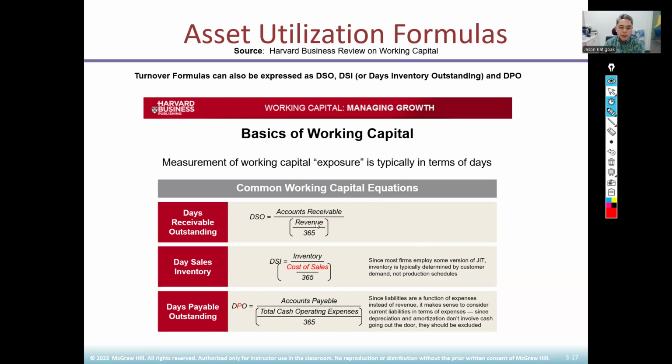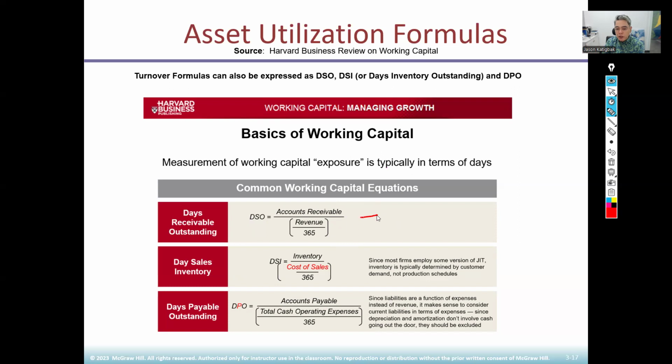So how does it compute? Remember the daily sales that we talked about on the formula on the previous slide? It's basically revenue or sales divided by 365. In the book a while ago, they divide by 360. So if you take your balance sheet item, receivable, inventory, or payable, divided by the daily rate of a receivable, that will be the number of days that you're collecting.